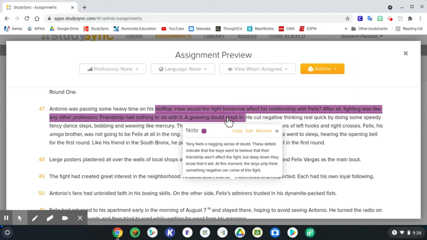These details indicate that the boys want to believe that their friendship won't affect the fight, but deep down, they know that it will. At this moment, the boys only think something negative can come of this fight. Both are very apprehensive, right?